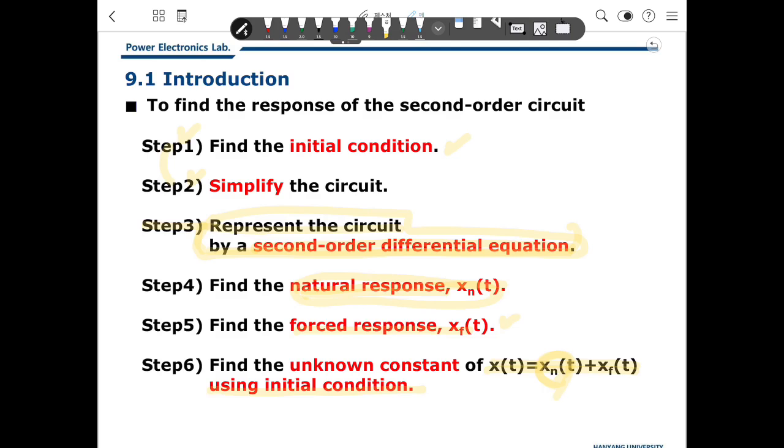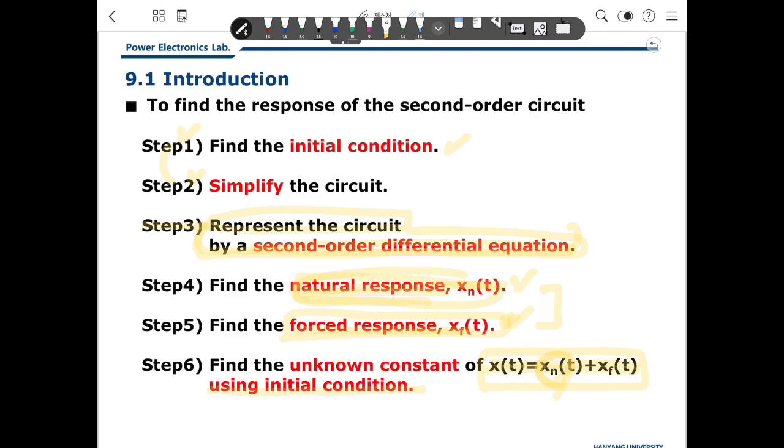To get a complete solution, you need to know the natural response and the forced response. This is a simple way. The forced response is determined by the input. So the form of the forced response is the same as the input, as we discussed in the first-order circuit. And the natural response is more complicated.